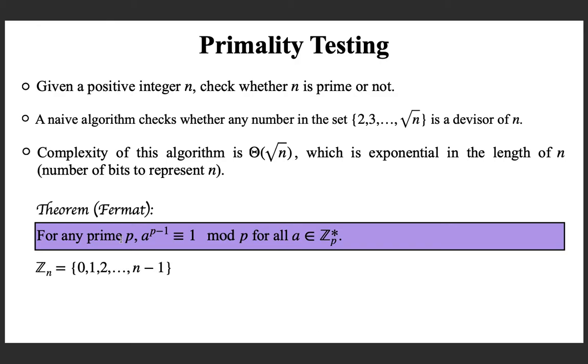You know that Zn is this set, the modulo n integers, and the notation Zn plus represents all the numbers in this set except 0. If you take out 0, you call it Zn plus. And Zp plus is nothing but Zp star. You know that in Zp you have all the numbers from 1 to n minus 1 when p is prime.